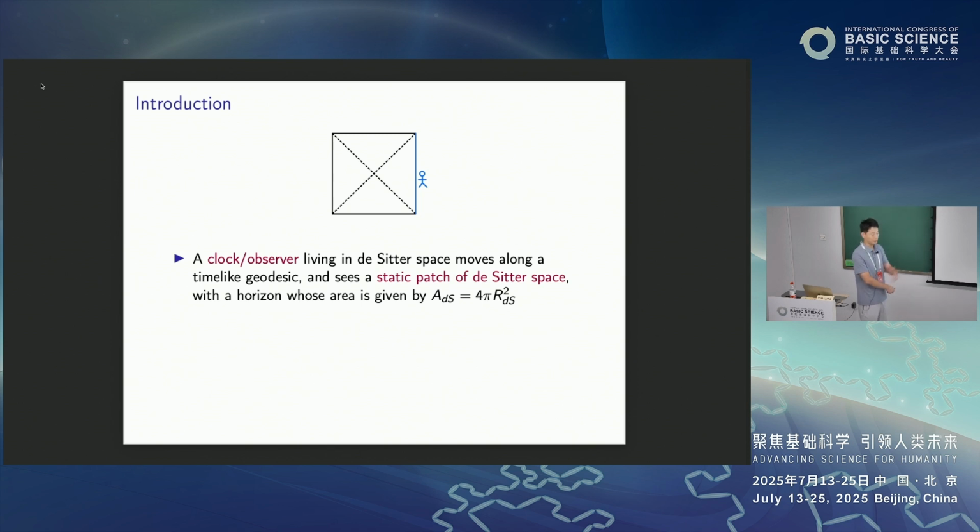The clock is another name for time, and here by observer, I mean, I'll discuss what observer means. Observer means the clock and also keeps track of its location in de Sitter space. So the observer will be modeled by a clock union a relativistic particle.